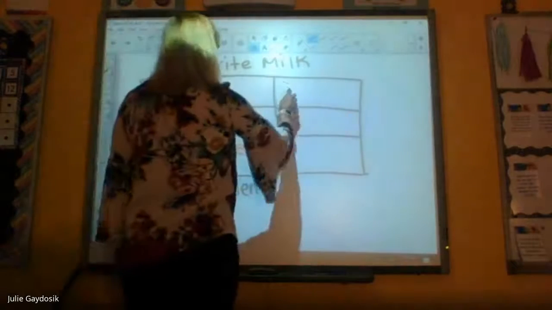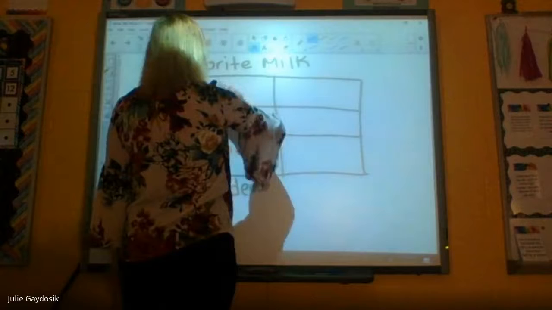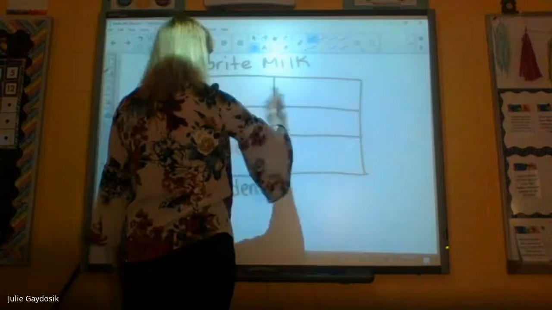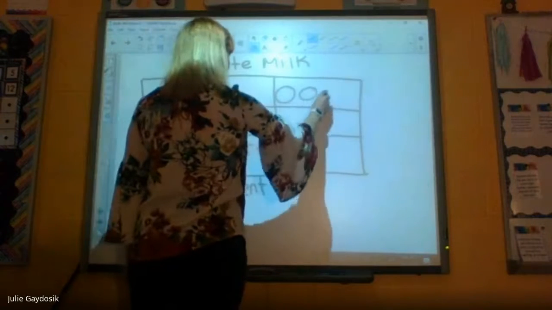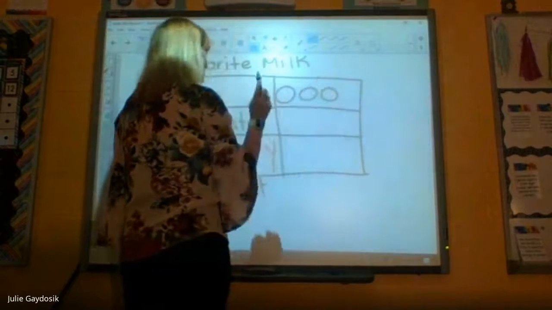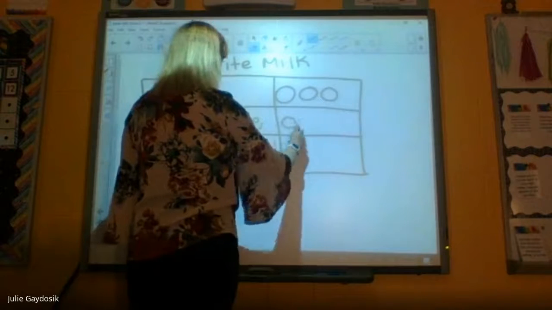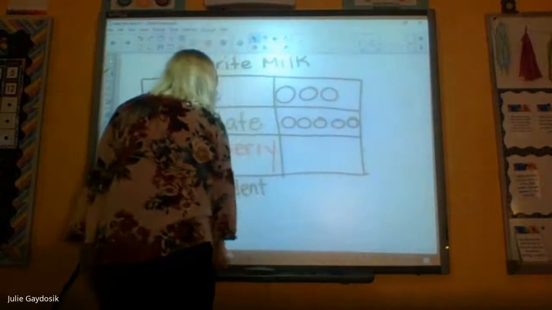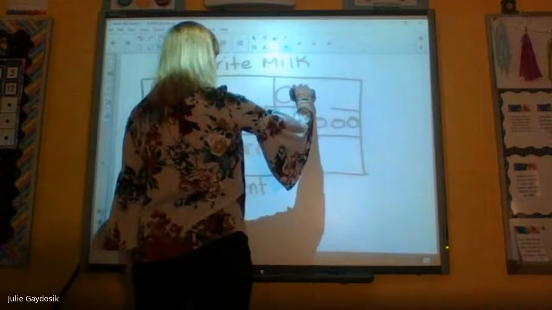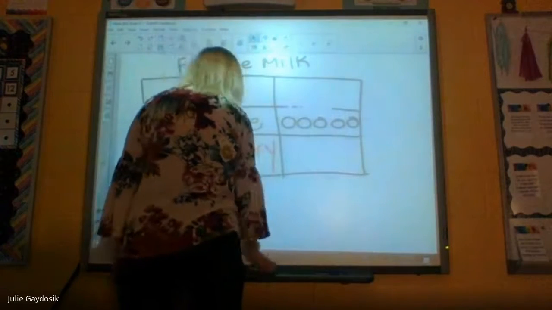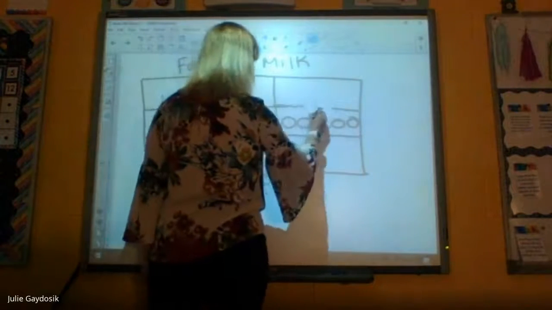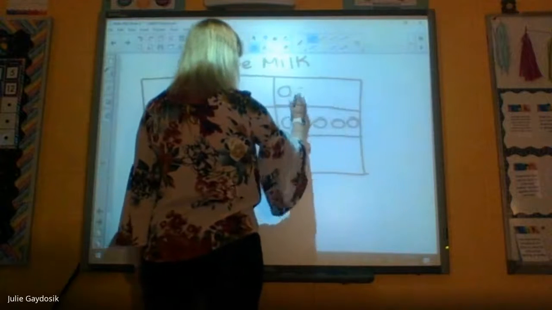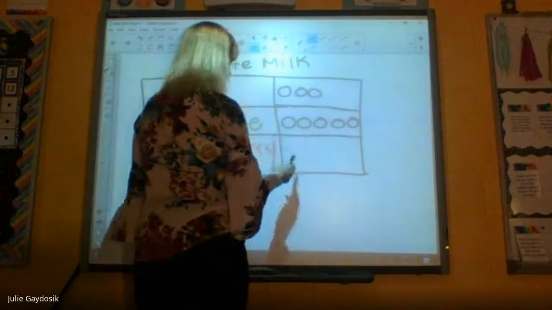If I have white students, the students that chose white milk, the students that chose chocolate milk, I'm just going to change those dots at the top to make them more uniform so they match the other dots. Yep, there we go.